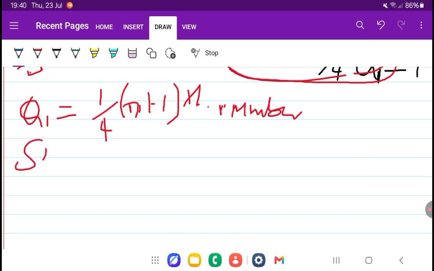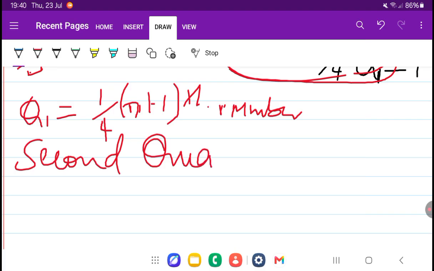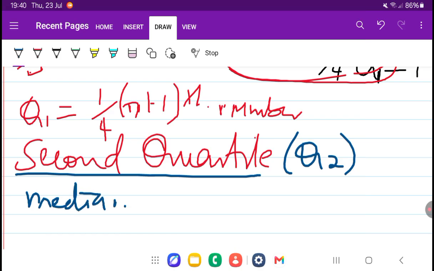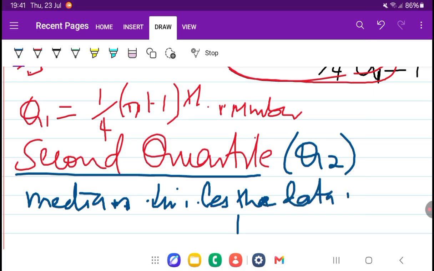Now the second quartile, this is the Q2, looks at the median, because it is the median that divides the data set into a half.